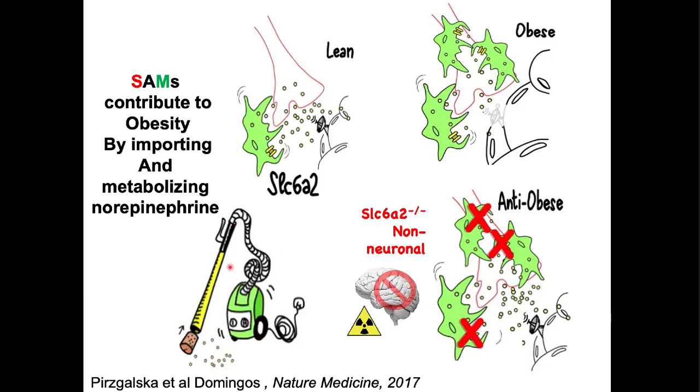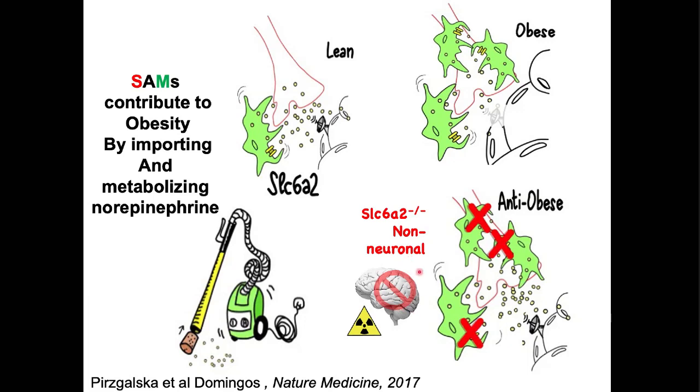So you can think about these cells as little vacuum cleaners, or in the UK we call these hoovers, that have a transporter, and the transporter is the solute carrier 6A2. By doing a bone marrow transfer of a whole body knockout, we demonstrated this to be an approach that is sufficiently tissue specific, because no other cell in the bone marrow lineage expresses the norepinephrine transporter other than the cells that we identified.